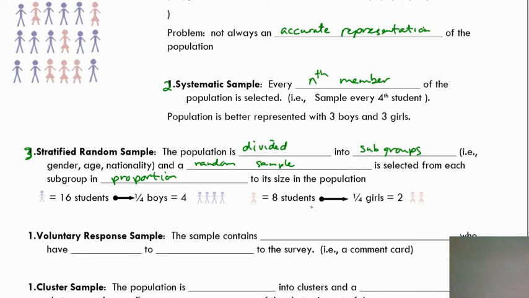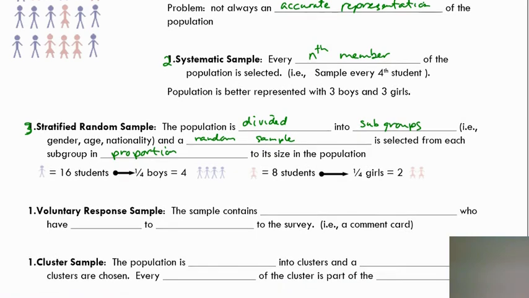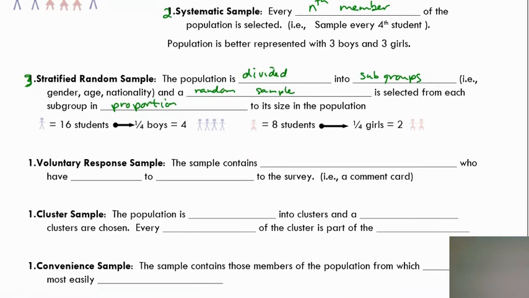If you had 8 students, a quarter were girls, you would need 2 girls in your sample, so that the same proportion, 1 out of 4, remains the same. Okay. Again, these numbers we're just numbering these.